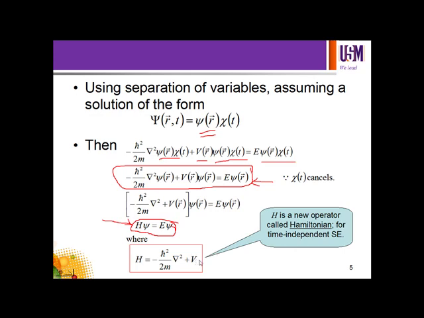This Hamiltonian is derived from the separation of variables we have done above. So the form of eigenfunction, eigenvalues, and operator is still there, and this new operator is the Hamiltonian, defined as negative h bar squared per 2m nabla squared plus V.